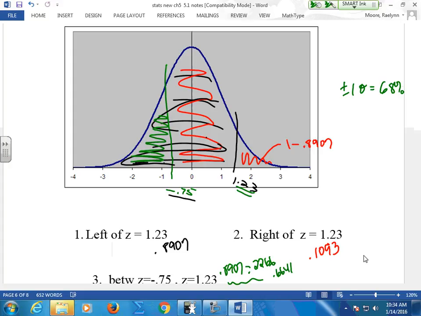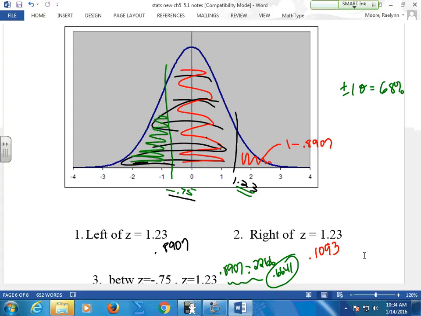So if I kind of just shifted back a little bit, and I look between 1 and negative 1, I'd expect my answer to come real close to 68%, right? Logically, does my answer come close to 68%? So I know I'm on track. There's a lot of different ways for you to figure out, is this feasible? Is this right? Because we have so many nice characteristics about your normal curve and your standard normal curve.